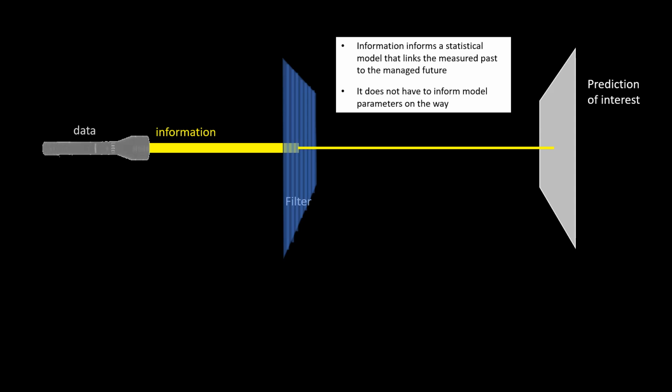Or can we do something completely different? Can we look at other ways to harvest information from data and build as direct a path as possible for that information to the prediction that it has to make? So, continuing our pictorial representations, can we take information and filter it such that we retain only that which is pertinent to one or a number of predictions of interest?